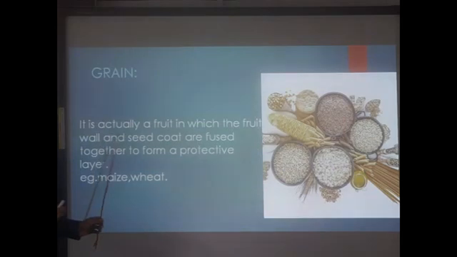The next one, what do you mean by grain? A grain is actually a fruit in which the fruit wall and the seed coat are fused together to form a protective layer. One more time, grain is actually a fruit, but in this case, the fruit wall and the seed coat are fused to form a protective layer. Now, just now we have seen the structure of a fruit wall. What does the structure of a seed coat look like?